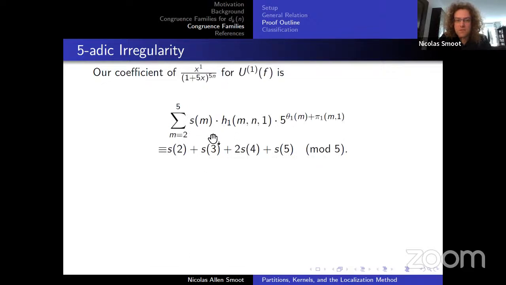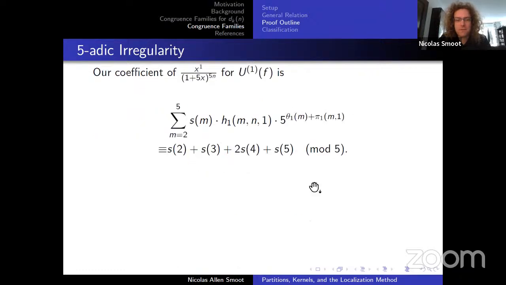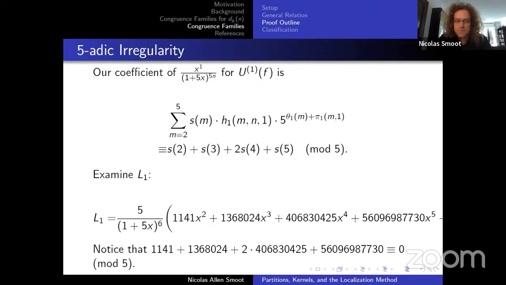So that's just going to reduce this to s of 2 plus s of 3 plus 2s of 4 plus s5. I think it's s, let's see, when n is 4. Yeah, that's right. This is for m equals 2, 3, 5. So for 4, it's 2 mod 5. So we have a 1, 1, 2, 1. So s2 plus s3 plus 2s4 plus s5 has to be divisible by 5. If you have that, then the coefficient as a whole does have the divisibility by 5 you want.